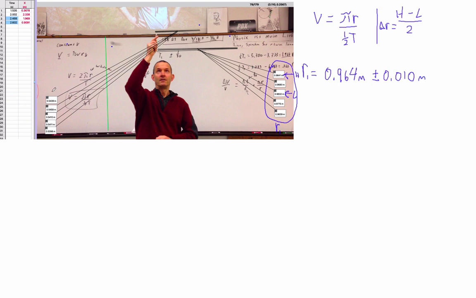So let's look at our second radius here just for kicks. Our second radius is, well, we got to average those numbers there, right? So 0.5439 plus 0.5459 plus 0.5410 plus 0.5398.